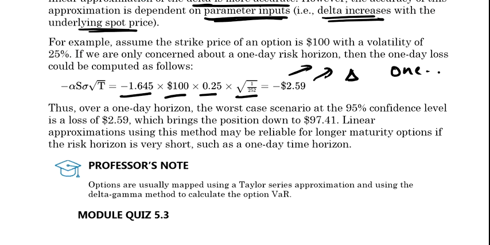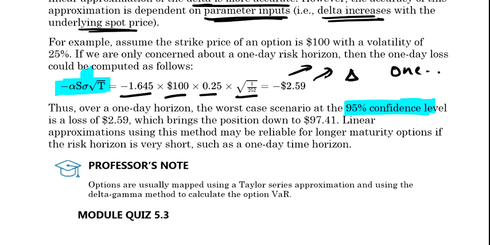Now understand how we are calculating the VAR. This is using a simple formula. We are using the alpha, which is based on our confidence interval of 95%. Clear? Then we are using the S, the amount, which is $100.